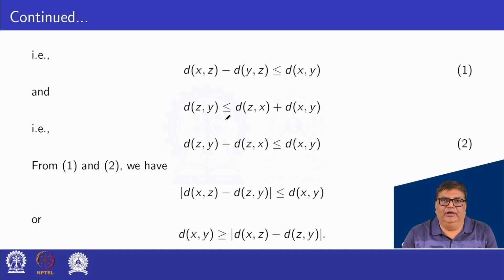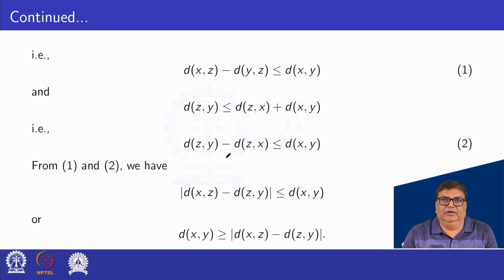From equations 1 and 2, we get the modulus of d(x,z) minus d(z,y) is less than or equal to d(x,y). That is, d(x,y) is greater than or equal to the modulus of d(x,z) minus d(z,y).